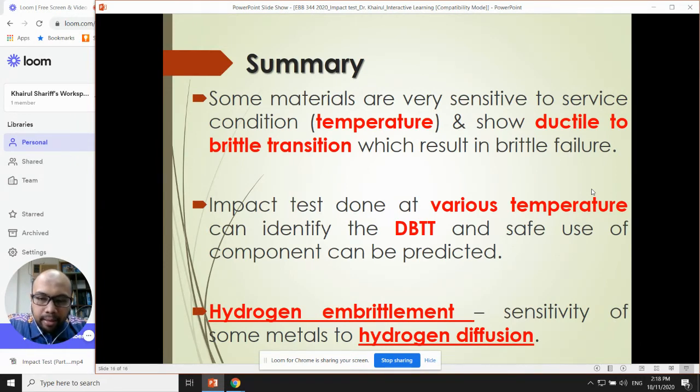Impact tests done at various temperatures can identify the DBTT curve performance or properties. And again, with hydrogen embrittlement, it is very easy for hydrogen to diffuse inside the metal. So I think that's all for my part on impact.